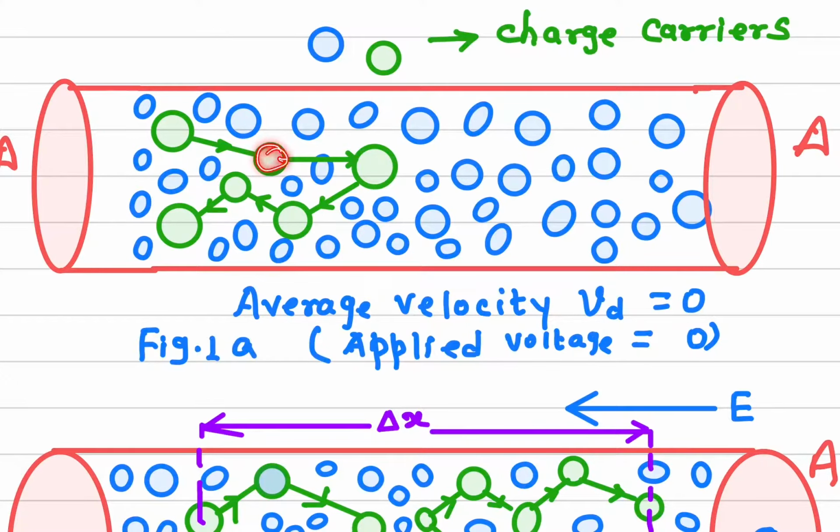Then this electron might collide with this electron here. It might again change the path, so it might turn back, and again turn back this way, turn back here. And now if you look at this path, the original path and the final, it has come to about the same location or along the same line. What does that mean? The average displacement is zero, or the average velocity is zero.